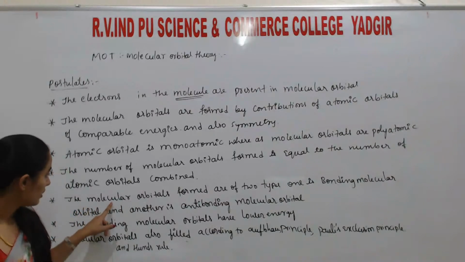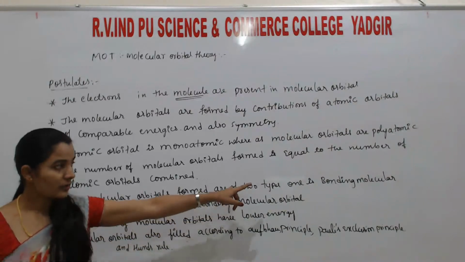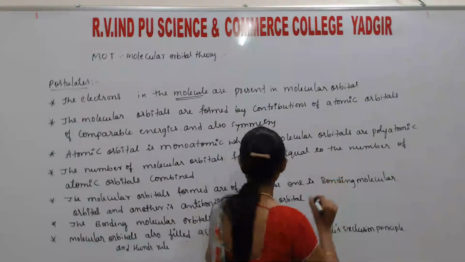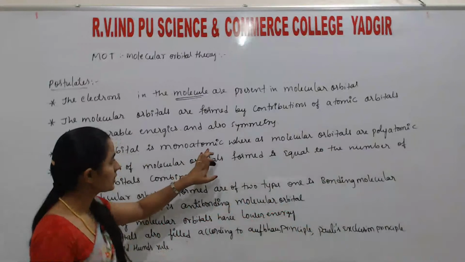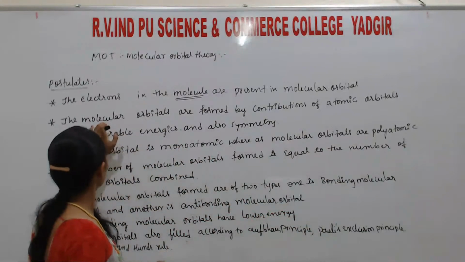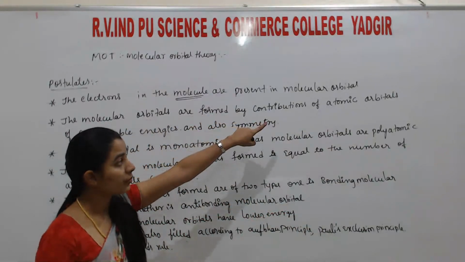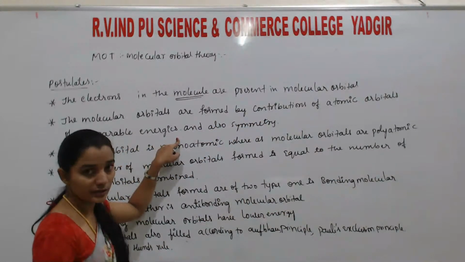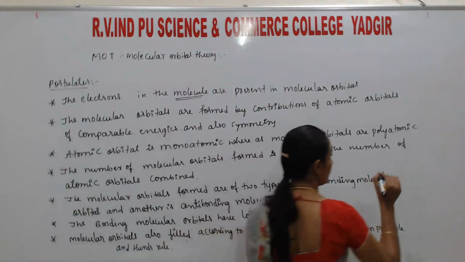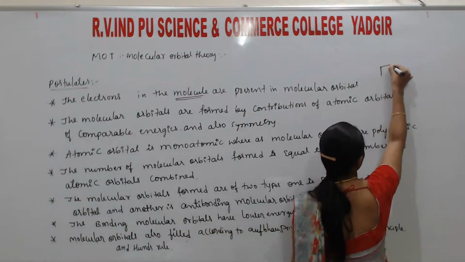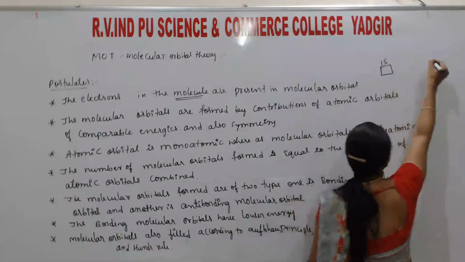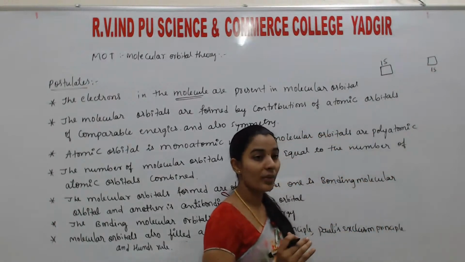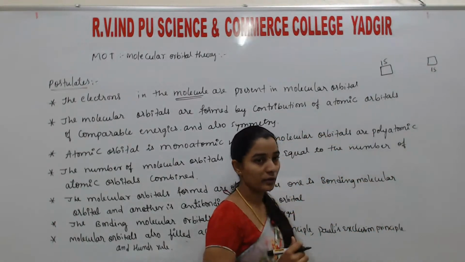Remember, the molecular orbitals formed are of two types: bonding and anti-bonding. The molecular orbitals are formed by contribution of atomic orbitals of comparable energies. For example, assume a 1s orbital here and a 1s orbital here. Two atomic orbitals combine to form two molecular orbitals.